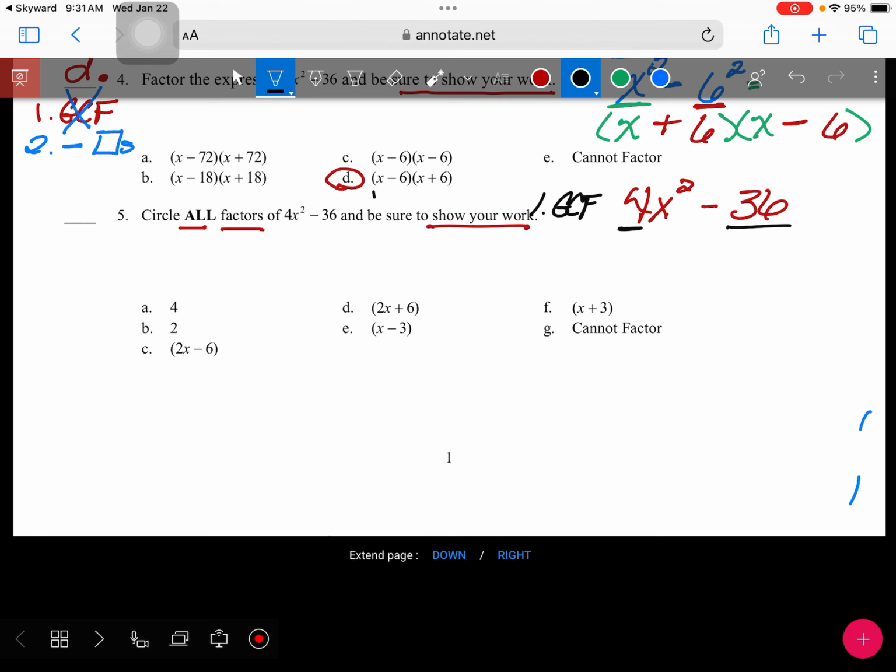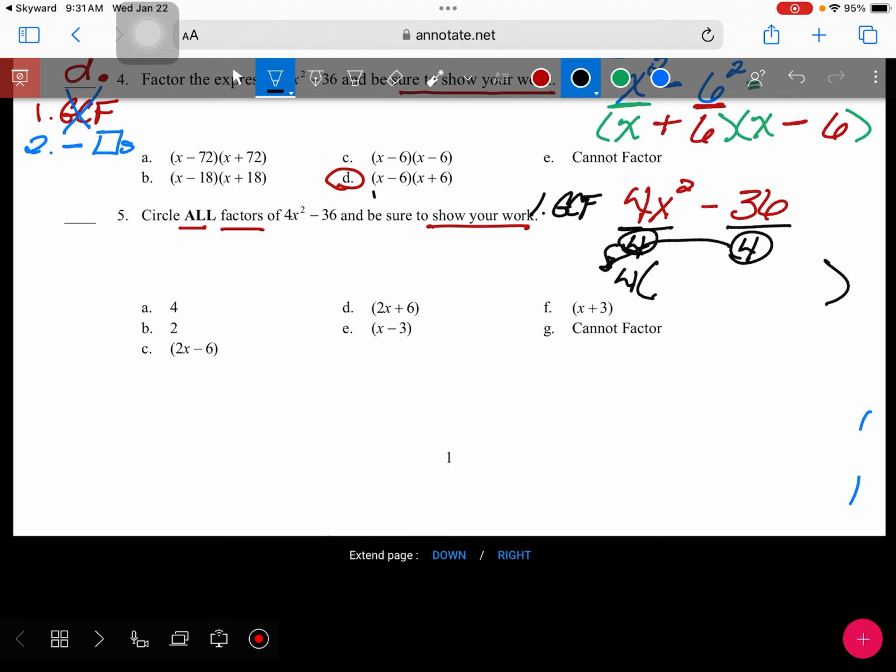Yes. So we need to factor out a 4. Next, I have x here, but I don't have any x in the second term. So can I factor out 4x? No. But I can factor out that 4, which means I pull that out in front.